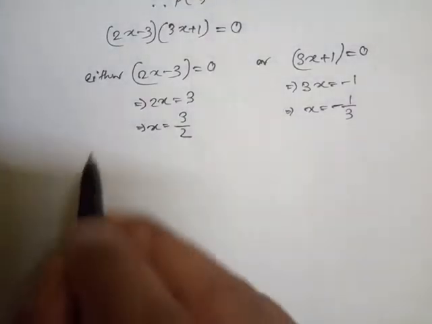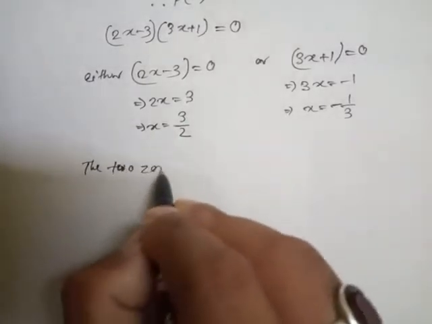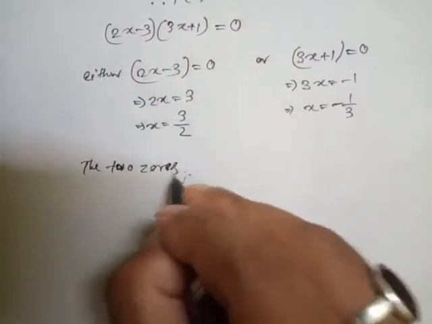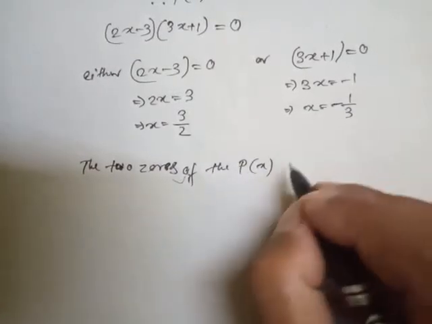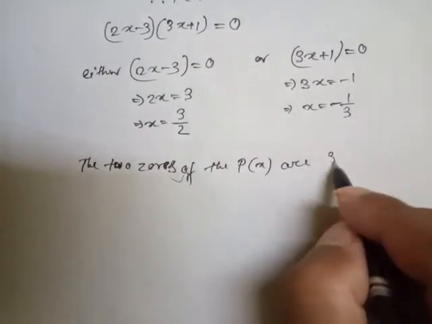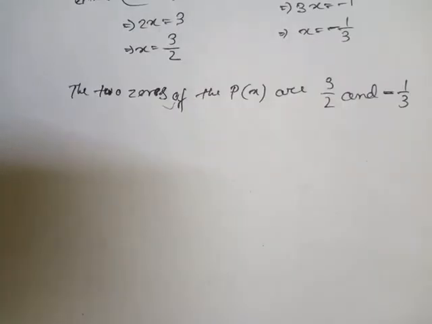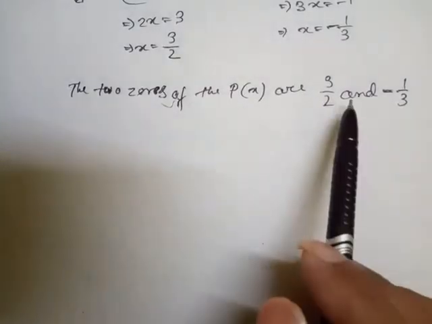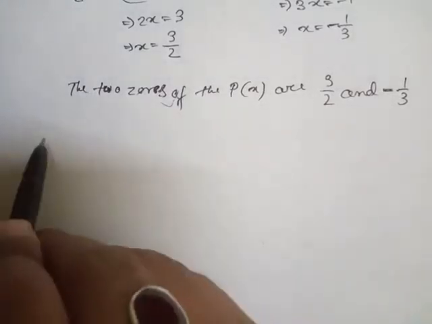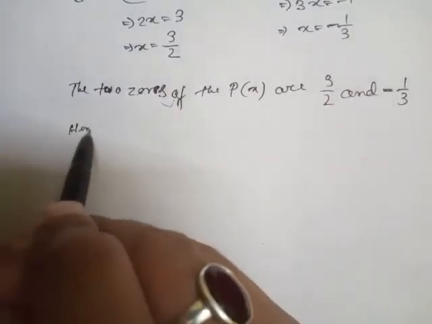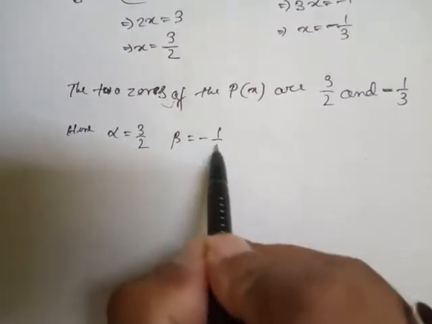Now students, we will write here that the two zeros of p(x) are 3 by 2 and minus 1 by 3. Now look here, if these are the two zeros, we can say alpha equals 3 by 2 and beta equals minus 1 by 3.